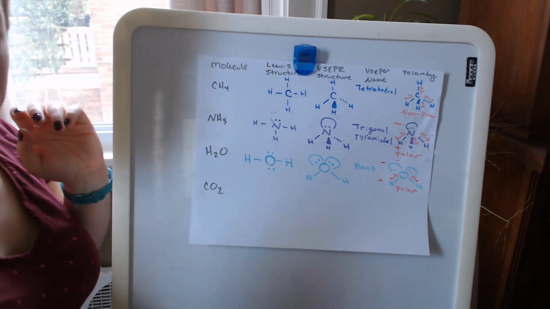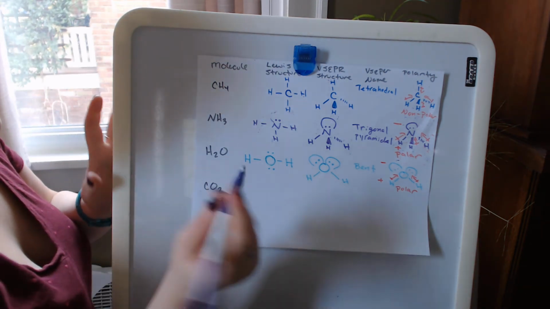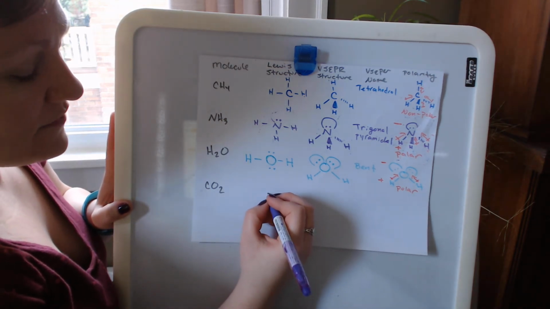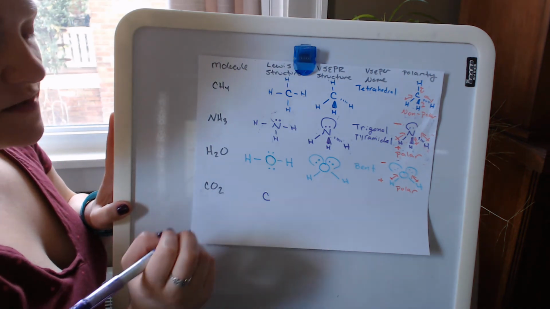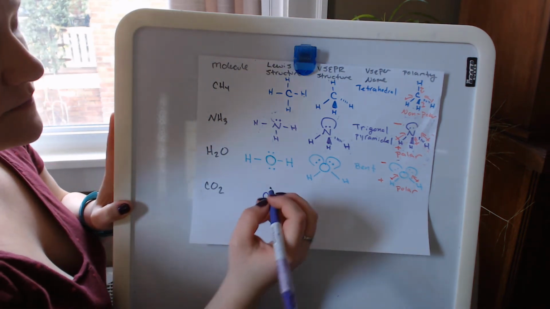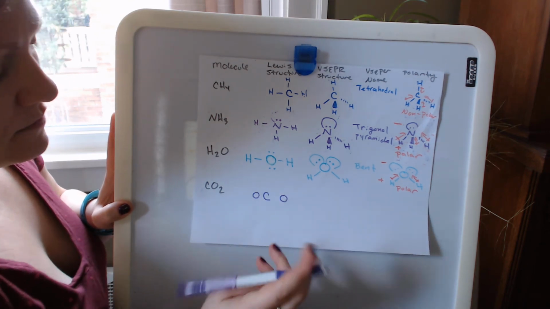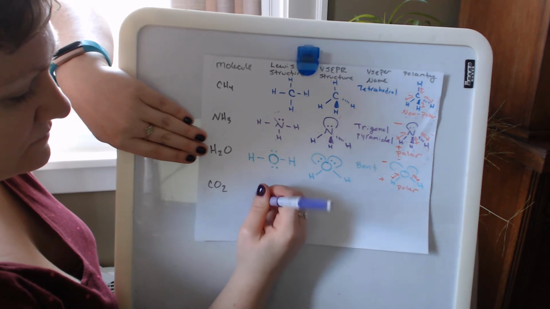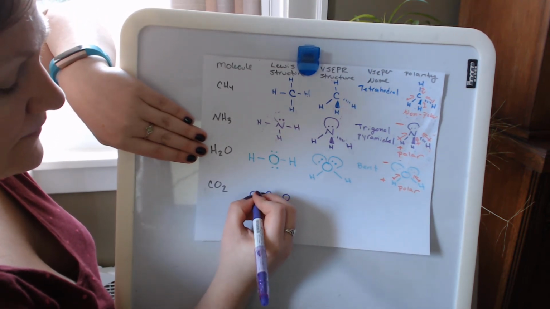One more. All right, CO2. So we have carbon. It has 4 valence electrons. Oxygen has 6. So we have our 2 oxygens here.